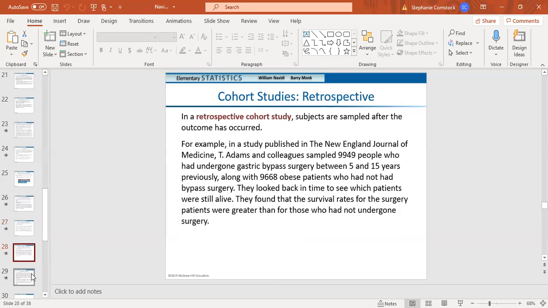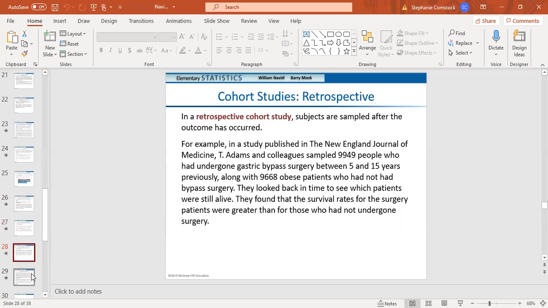Okay. The last type of cohort study is what's called a retrospective. And this is, you're looking at things after something has happened. Okay. So with this one, they got just under 10,000 people who had had gastric bypass surgery in the past 5 to 15 years, along with just under 9,700 obese patients who had not had the bypass surgery, again, in the past 5 to 15 years.